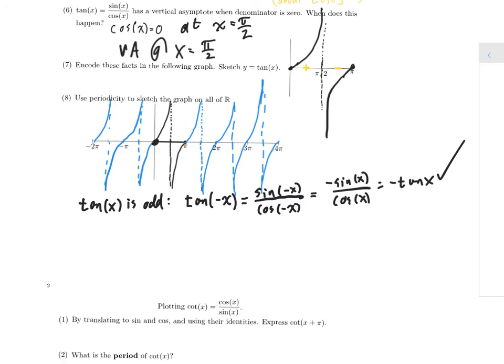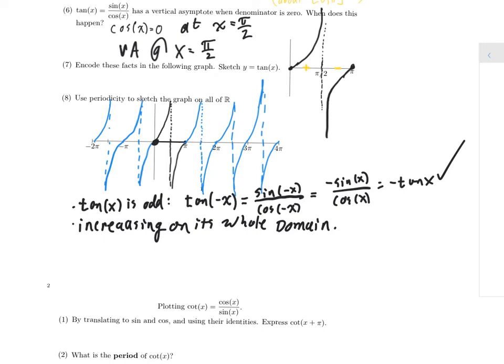So I would say this function is increasing on its whole domain. The slope is always positive. That doesn't say it's always increasing, just on its domain.